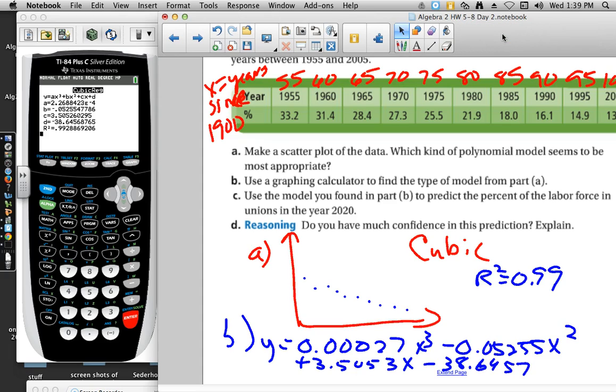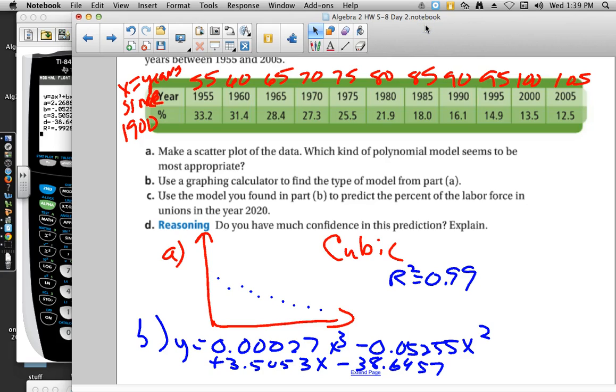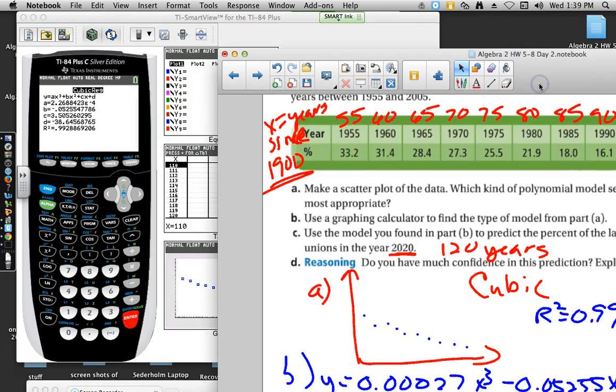So for C, it says use the model you found in part B to predict the percent of the labor force in the unions in the year 2020. Well, remember, I said that my X was going to be the year since 1900, so that's been 120 years later. And that's the reason that I went ahead and put that in as y sub 1, is so that I can use the table to figure that out for 120.